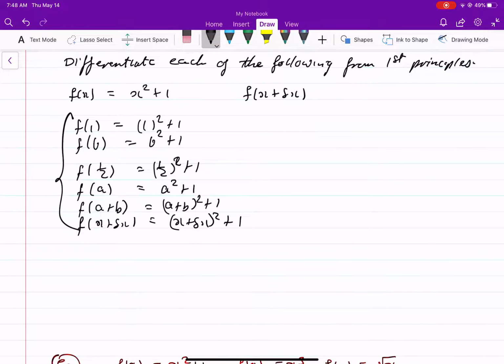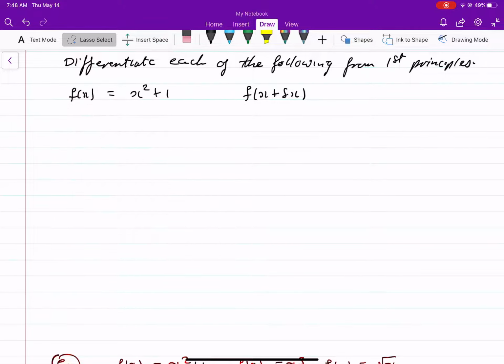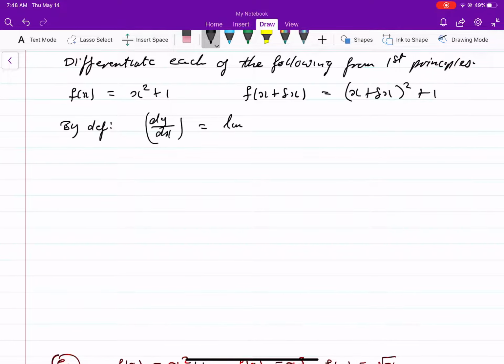Okay. Let me get rid of this. All right, so clearly f of x plus delta x is equal to x plus delta x all squared plus 1. Okay. By definition, to find dy dx, that's the limit as delta x approaches 0 of f of x plus delta x minus f of x divided by delta x.